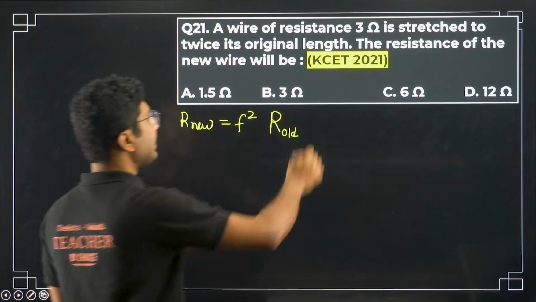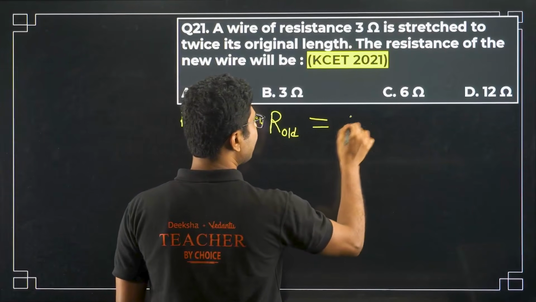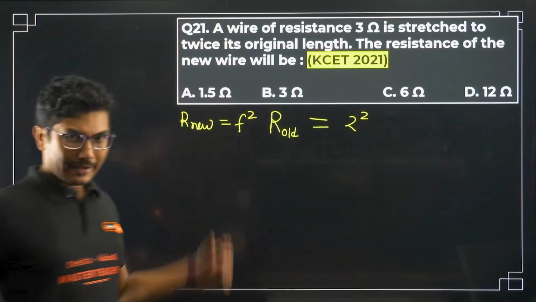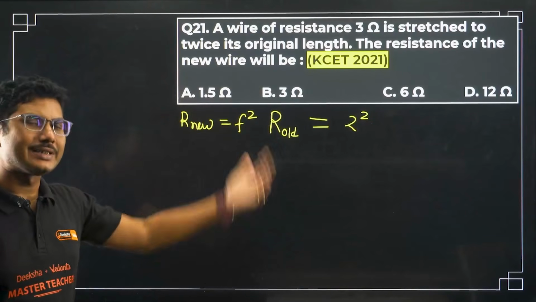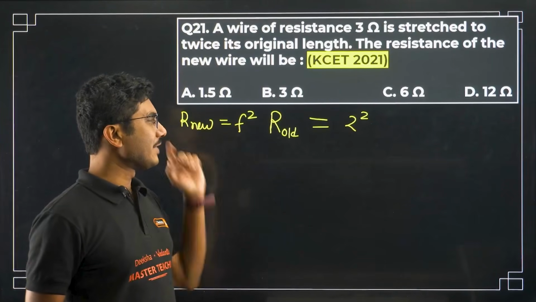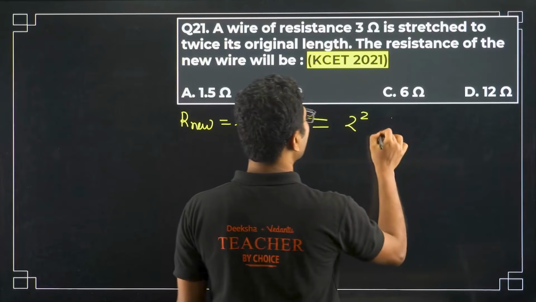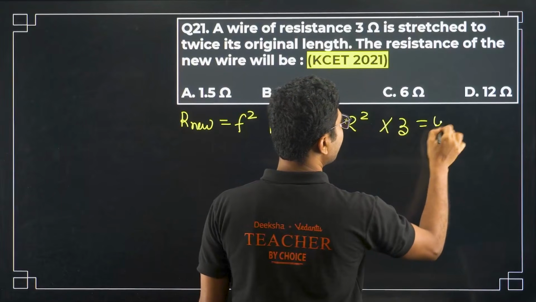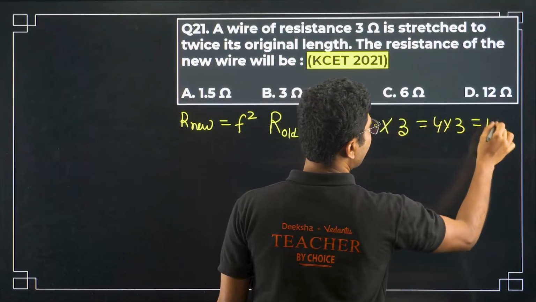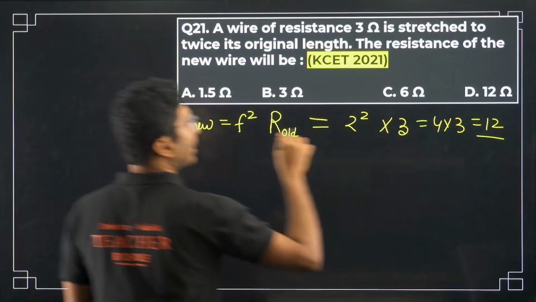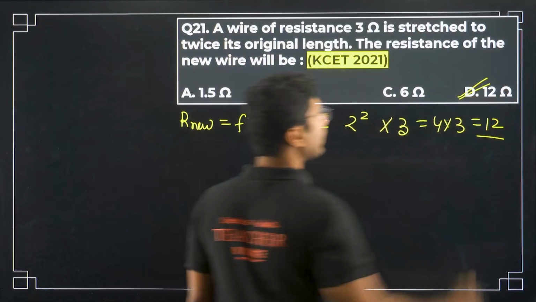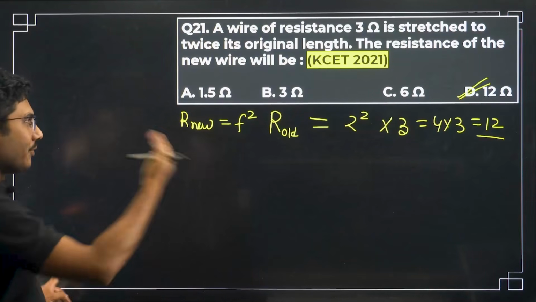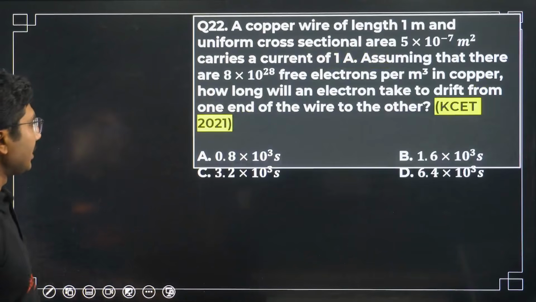What is F over here? Twice means 2 is the factor. F represents by how many times it increased. So 2 square into old is 3, so 4 into 3, that is 12. For those who are wondering how I am solving it, you have to go back to my lecture where I discussed this formula particularly.